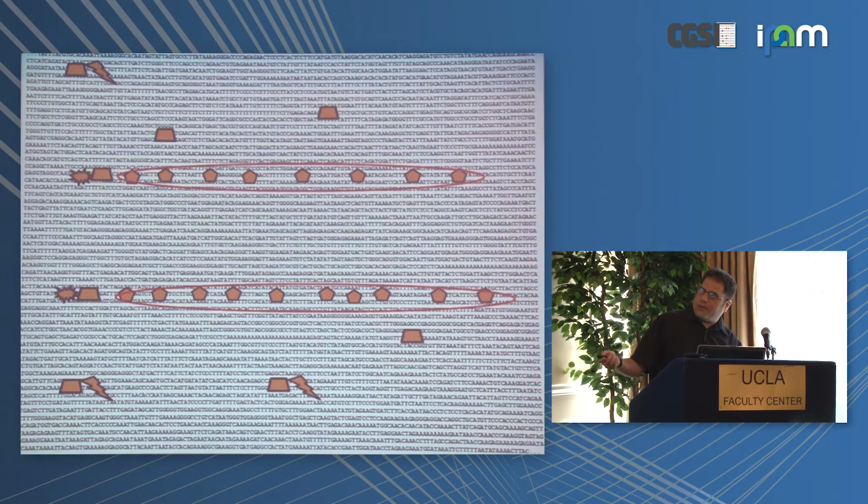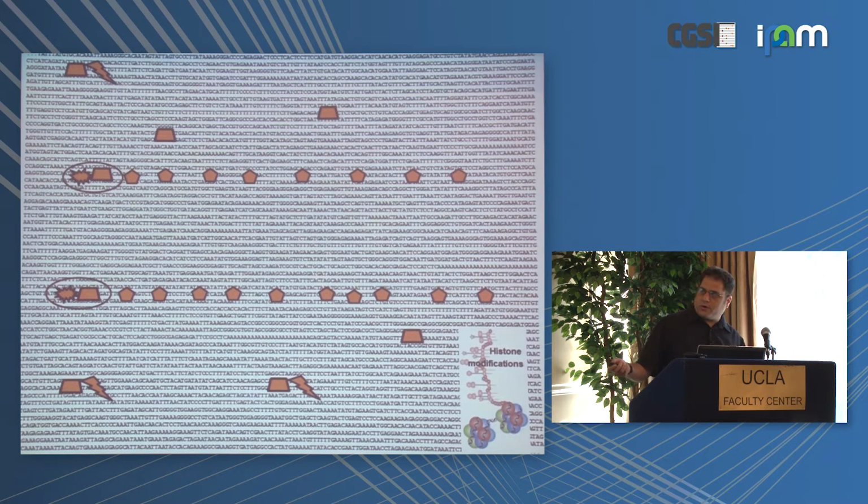And we could see broad domains of marks, and we could see pairs of marks that occur before different domains. And what these markers are that we actually do have access to are histone modifications, and there are some other types of epigenetic marks. But I'll focus primarily on histone modifications during this talk.